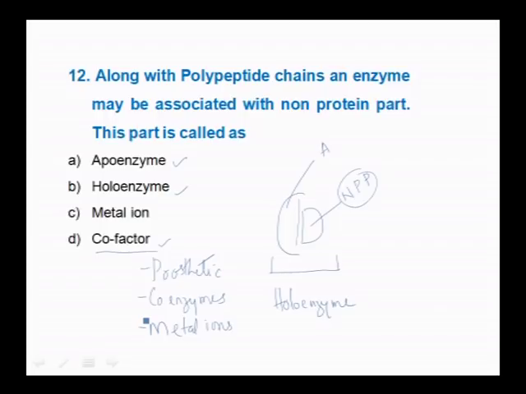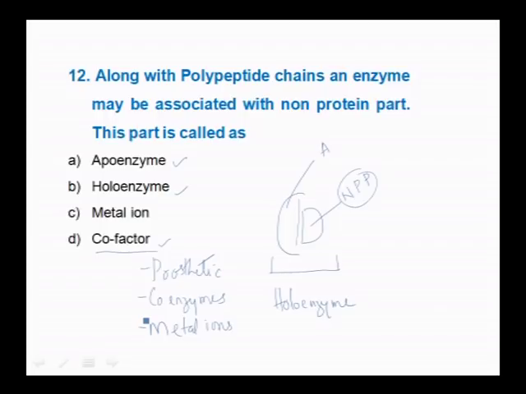Coenzymes are once again organic, but their association with the apoenzyme is transient, that is temporary, which occurs only during the chemical reaction. And the third type of cofactor is the metal ion, which will be attached to the active site as well as to the substrate by forming the side chain.